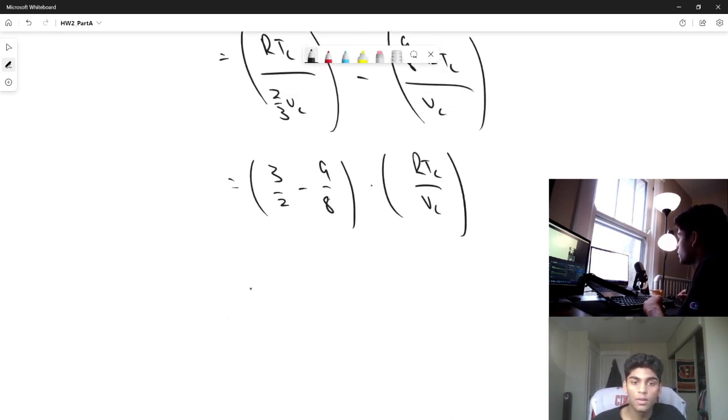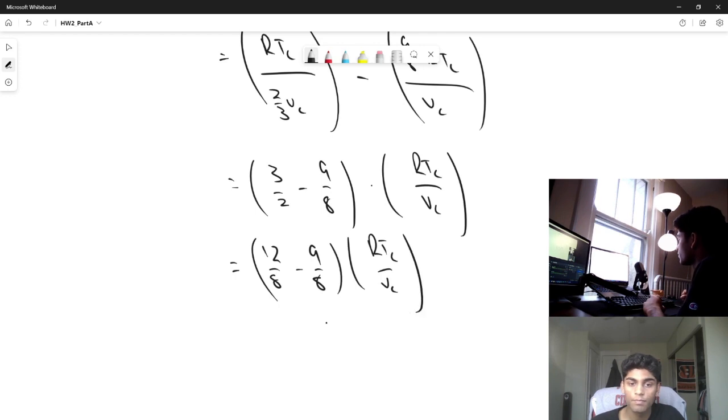With the common denominator, we multiply by 4, so 12/8 minus 9/8 times RTC over VC. And that's going to be 3RTC over 8VC, and that is our critical pressure.